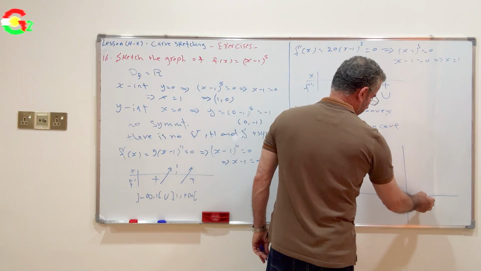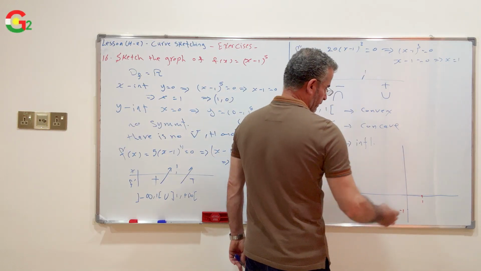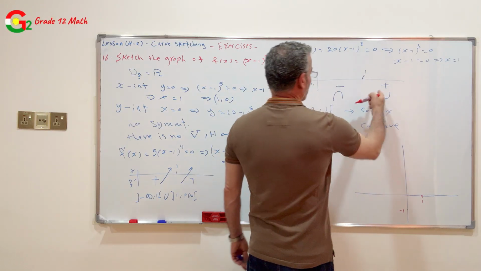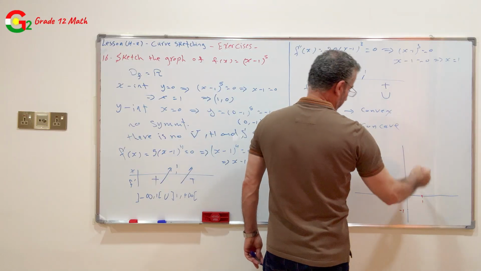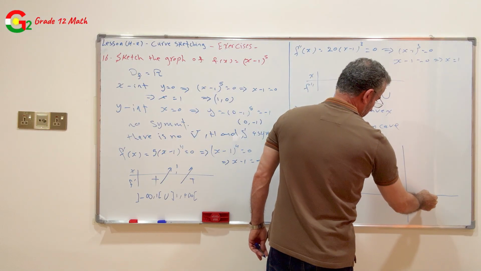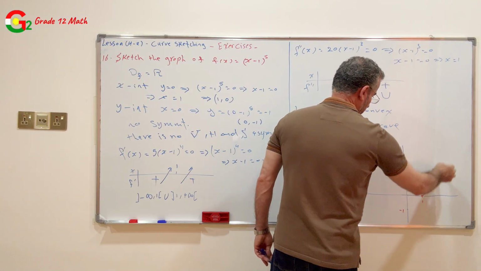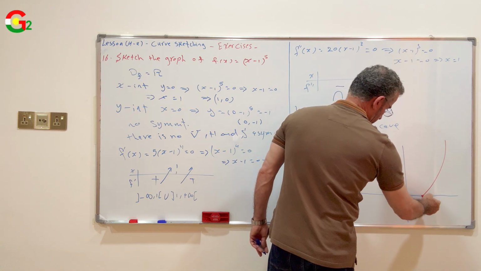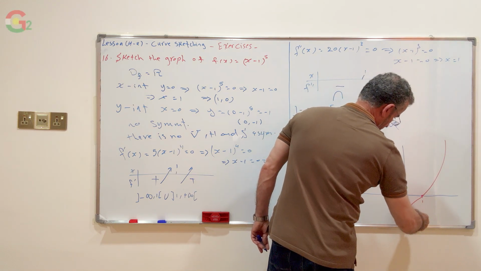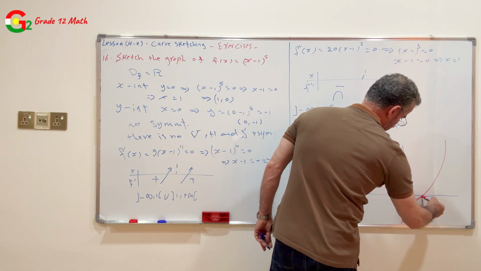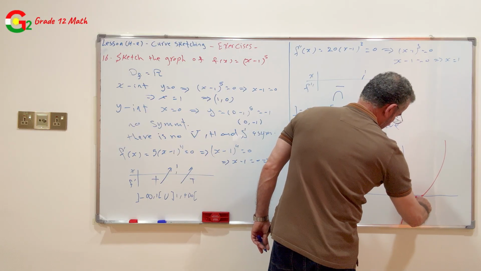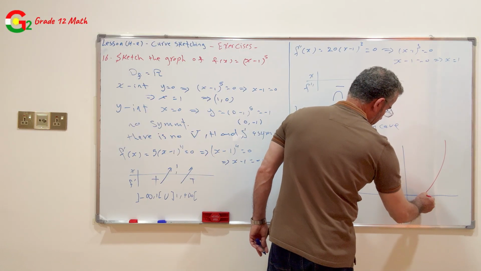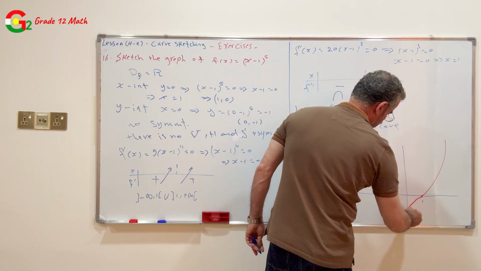An inflection point at (1, 0). After 1, the function is concave. Before 1, the function is convex. And the function is increasing everywhere.